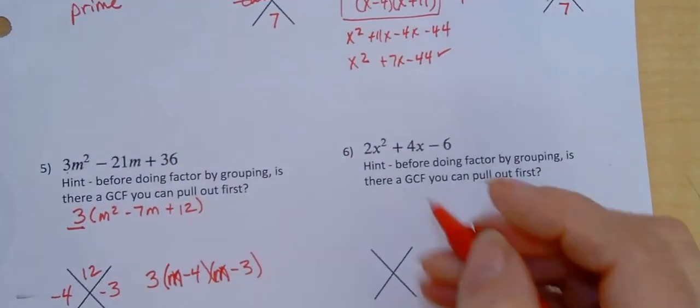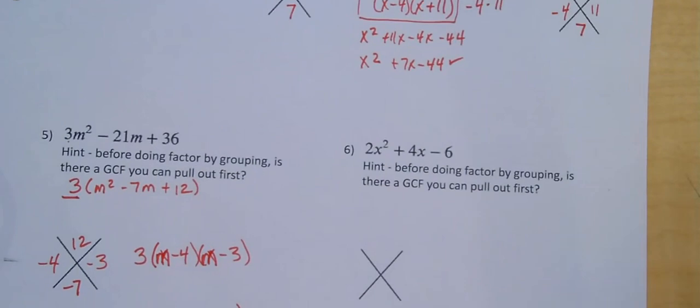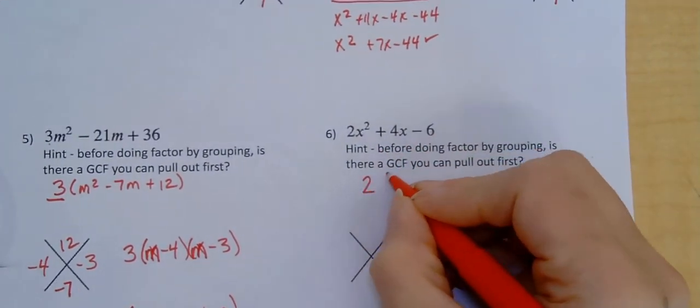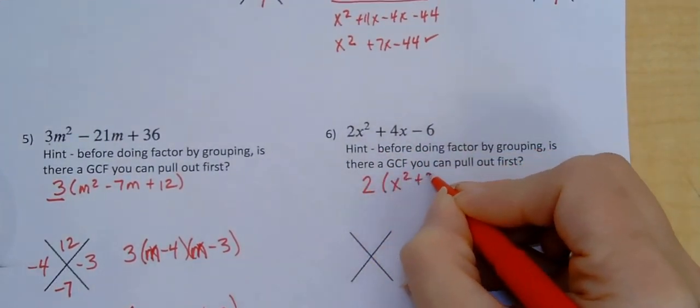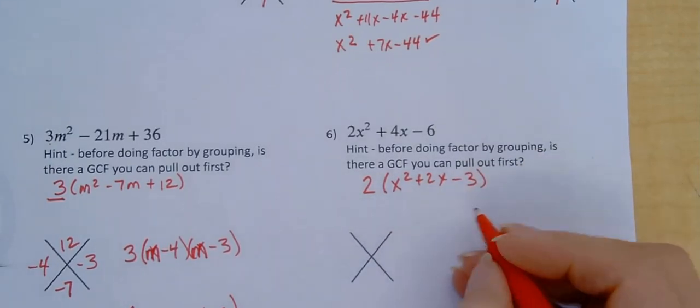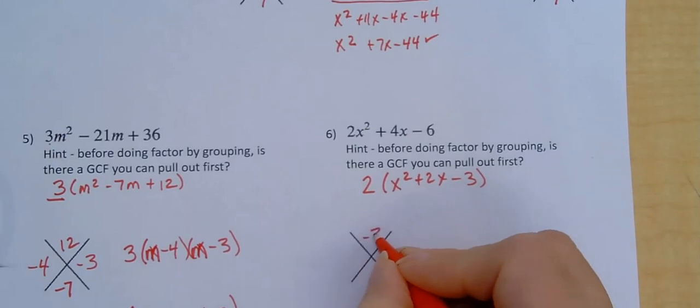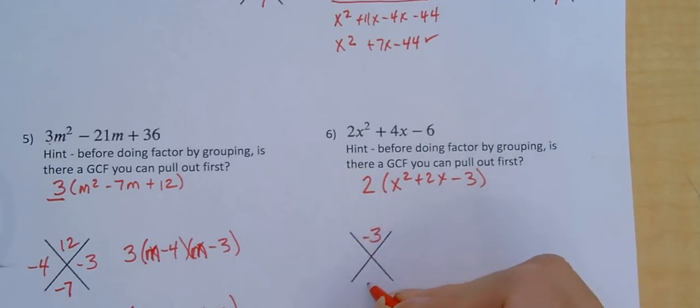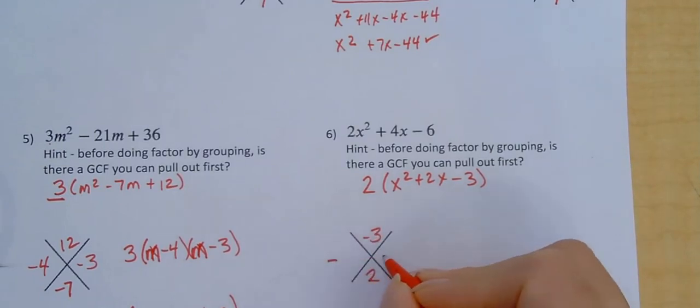All right, 2x squared plus 4x minus 6. I am going to pull a 2 out, so that's going to give me 2 times x squared plus 2x minus 3. And whatever factors I have, 1 times negative 3, need to add up to be 2. So to get a negative number, I have to have a negative and a positive when I multiply.